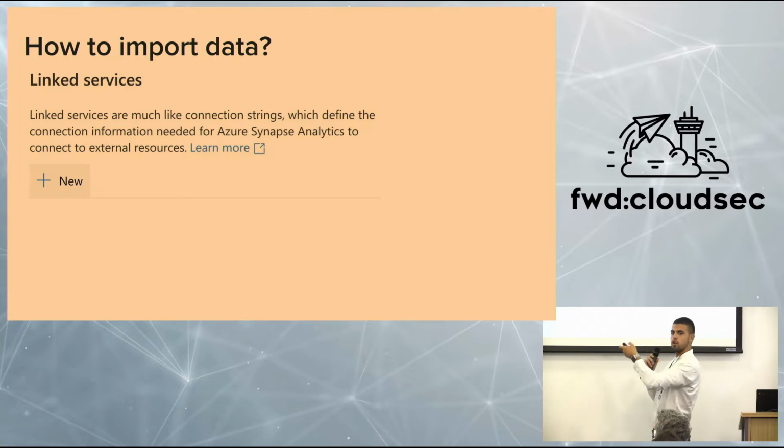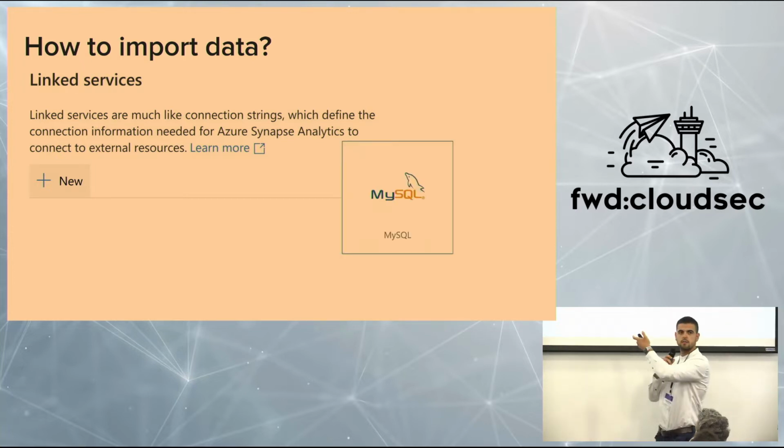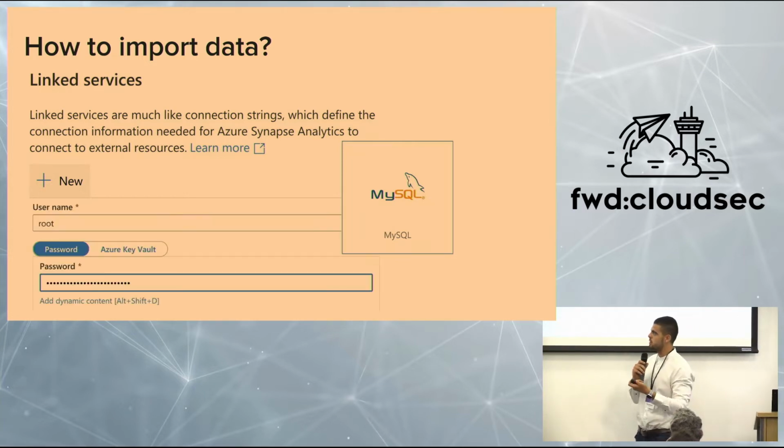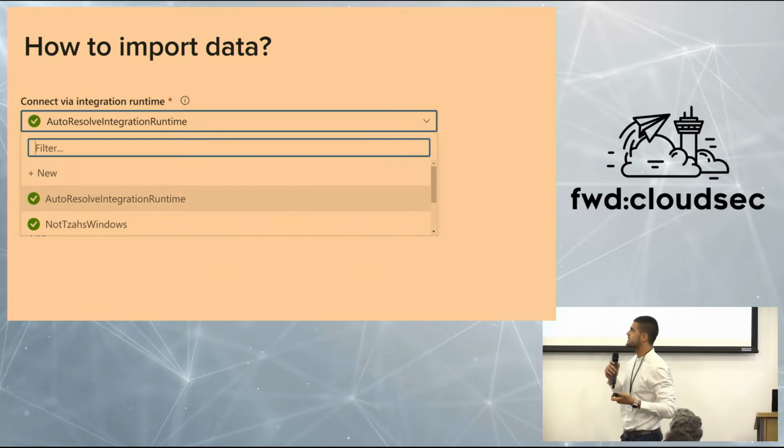You just click on new, and you select what kind of data source you want to connect to. Say you want to connect to a MySQL server: you need to input the IP address of that server, the database name, the table name, and your credentials. Makes sense. Another thing you need to input is called an integration runtime.